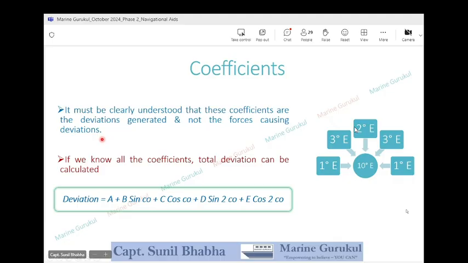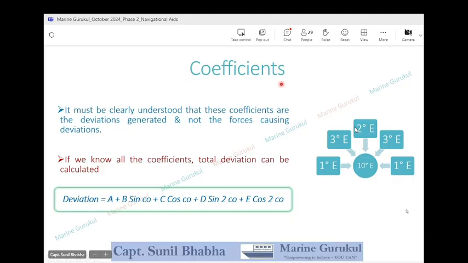And the second force causing deviation is the induced magnetism of the ship. Induced magnetism is generated in horizontal soft iron, which may be in fore and aft or athwartship direction, and induced magnetism is generated in vertical soft iron. This permanent and induced magnetism of the ship is the force which is causing the deviation.